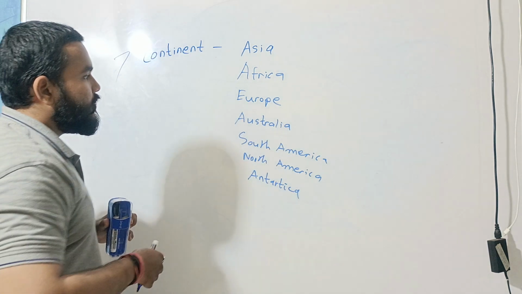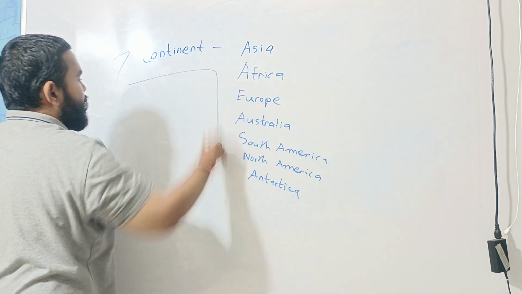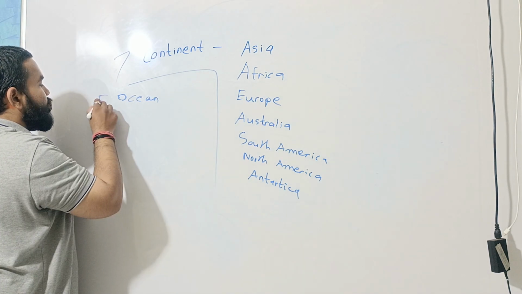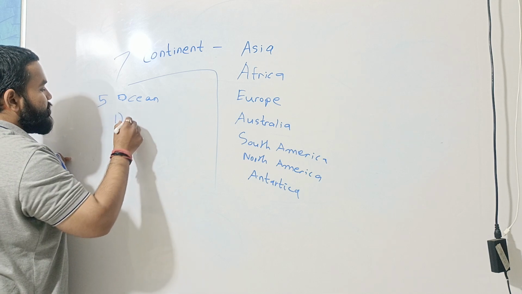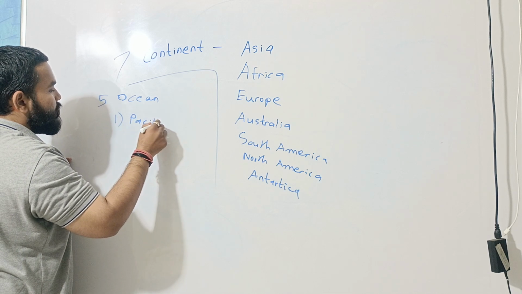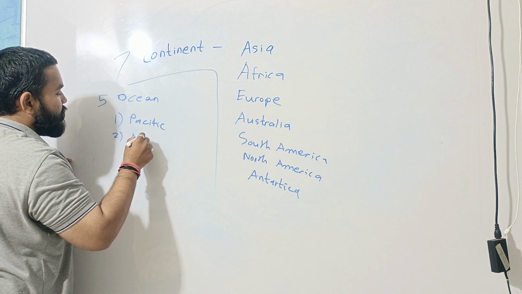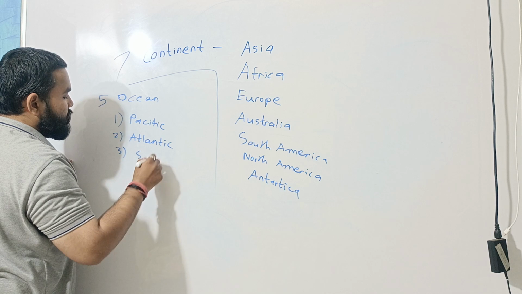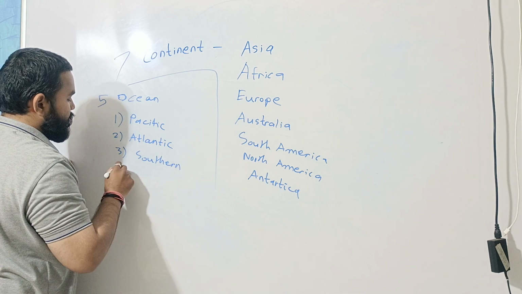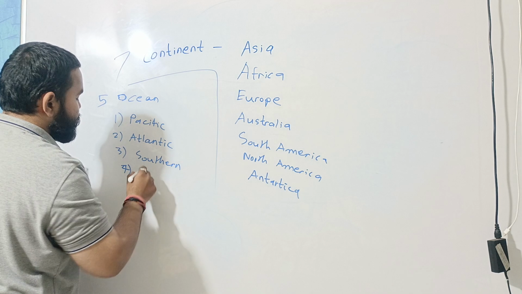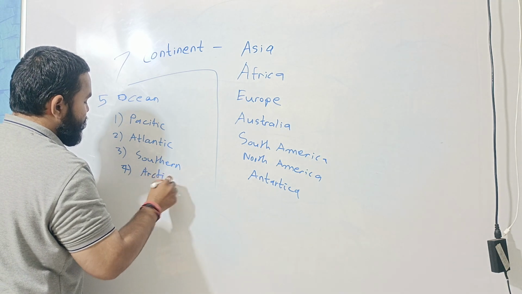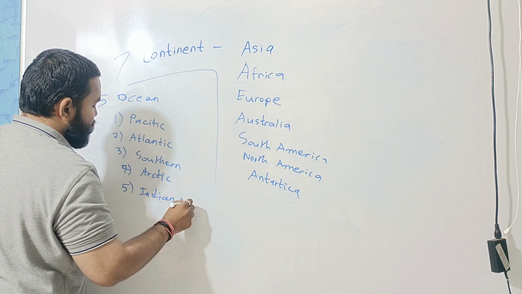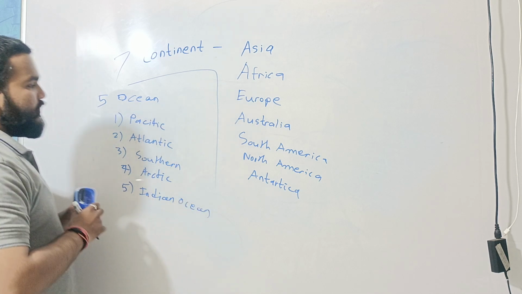These are the 7 continents, and there are 5 oceans. First is Pacific, second is Atlantic, third is Southern Ocean, fourth is Arctic, fifth is our Indian Ocean. So that is very basic information.